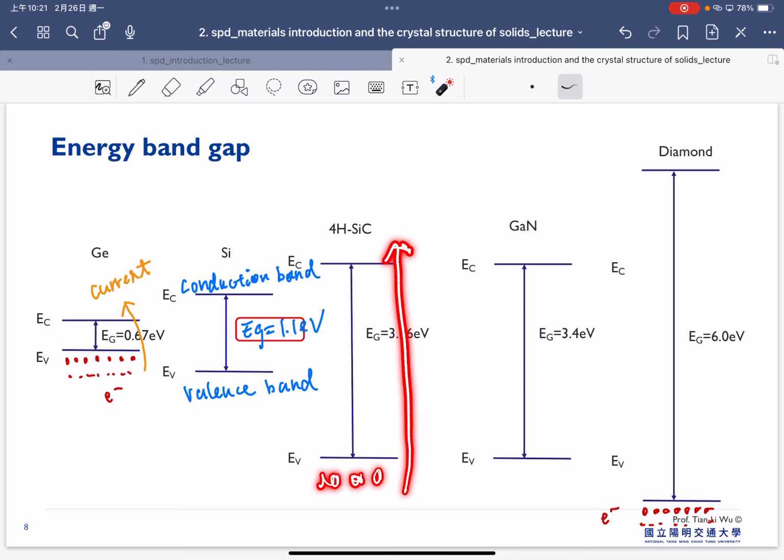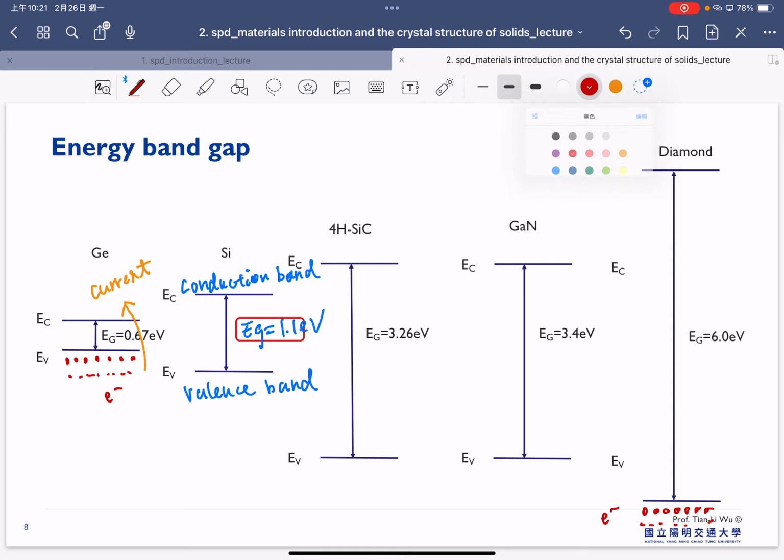But of course, the leakage current is already very low because the band gap is larger. So that's why, from the materials point of view, the large band gap means we have the very low leakage current.